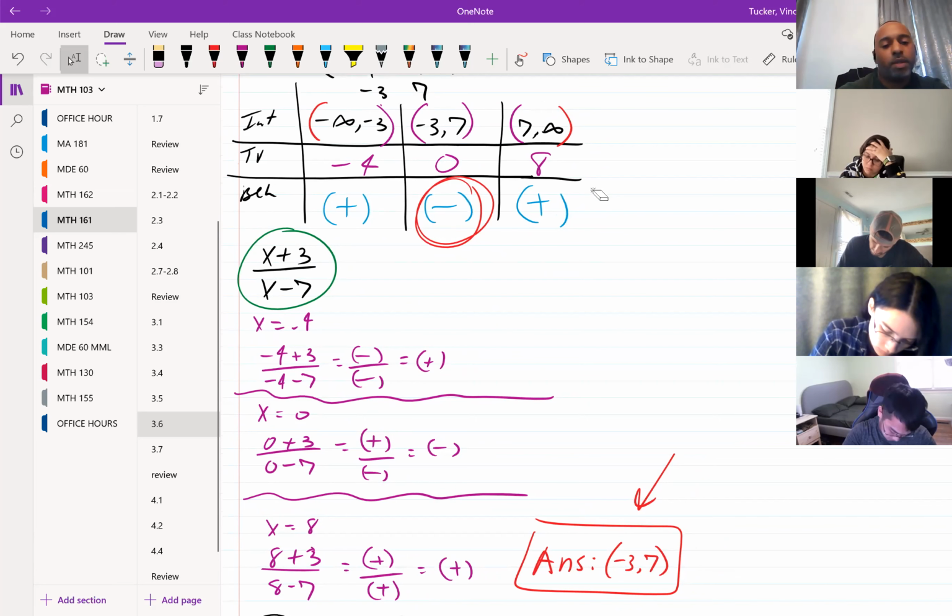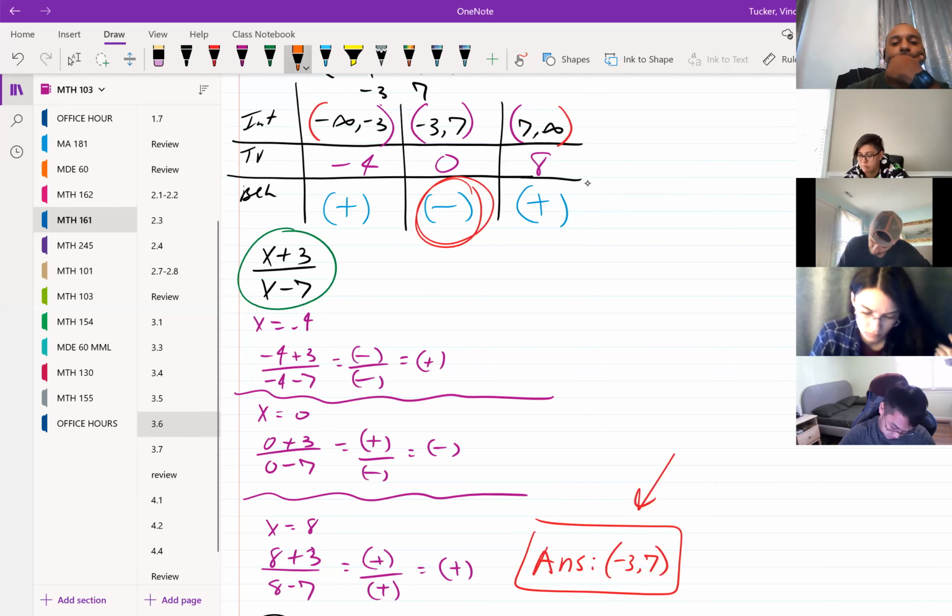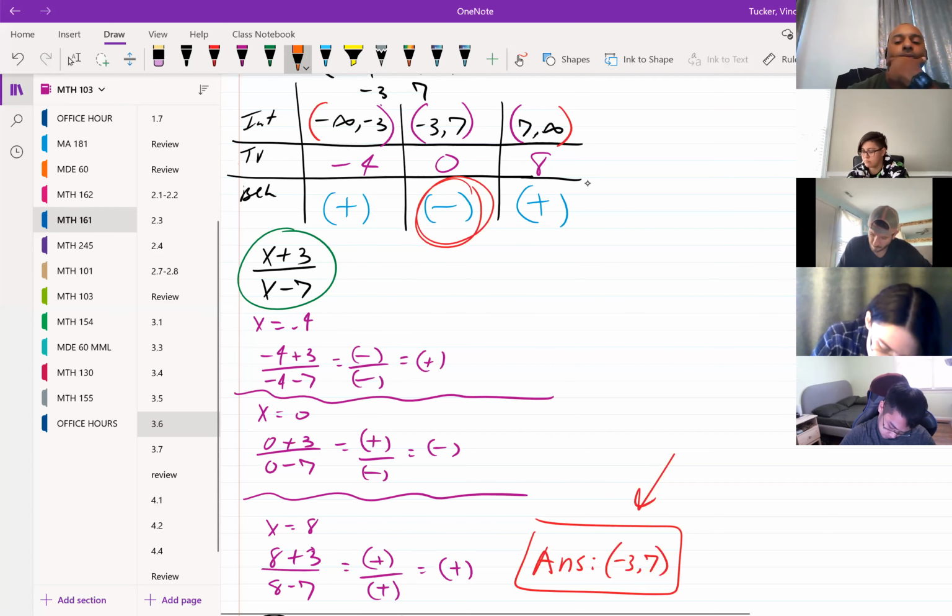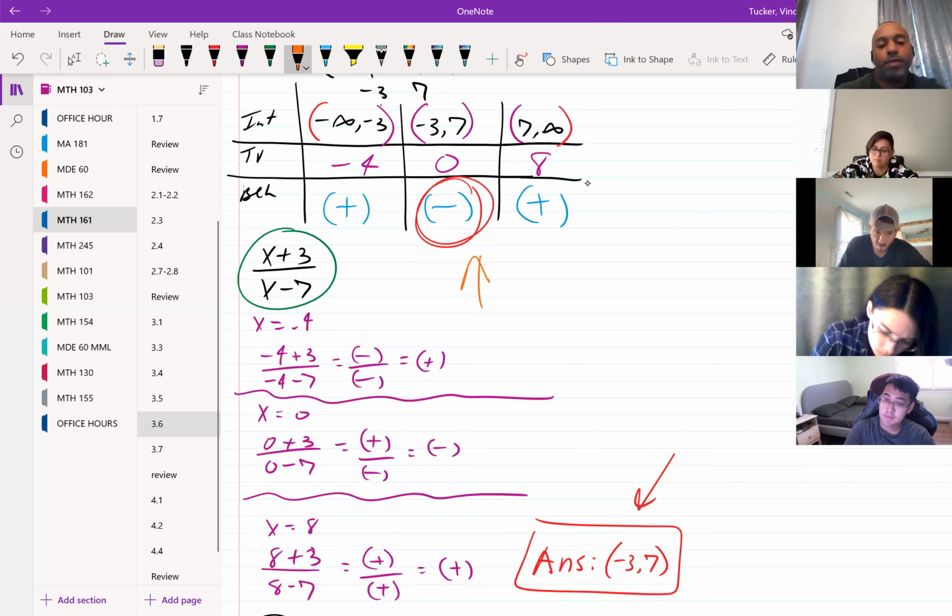Plugging in 0 ends up giving us a negative number. Plugging in 8 gives us a positive. And we want it less than, so our middle one fits that description of negative. So that's our answer.